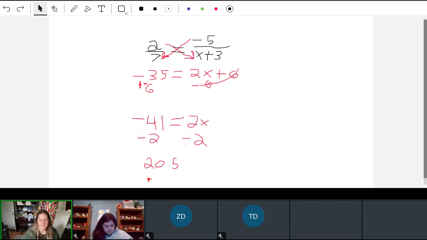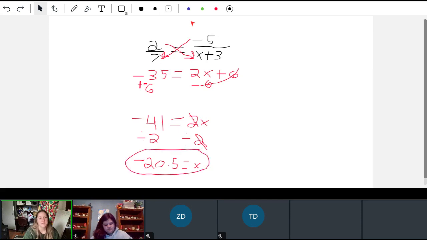What is a negative divided by a positive? It's going to be a negative, so make sure you put a negative sign right there. Okay, then bring your equal sign down, and you can cross through those 2's because those canceled each other out. And then bring your x down. Okay, you can circle that whole thing. That would be your answer.